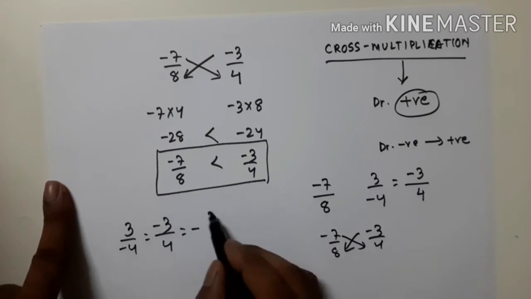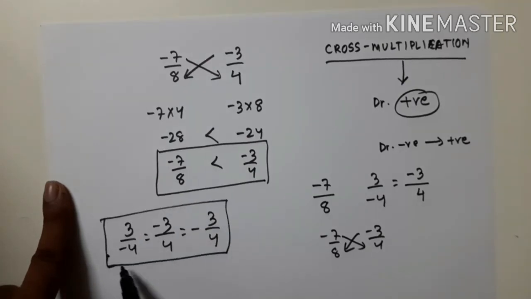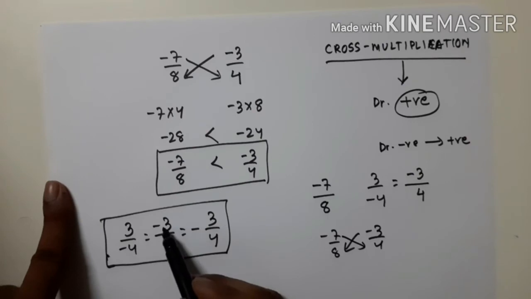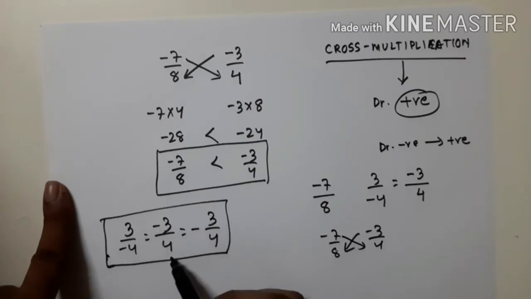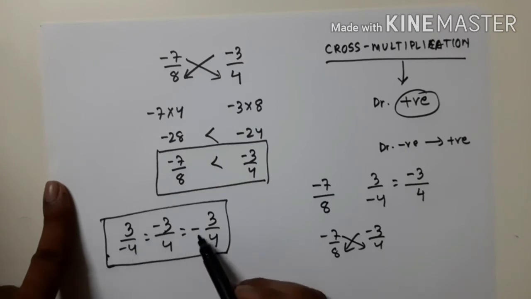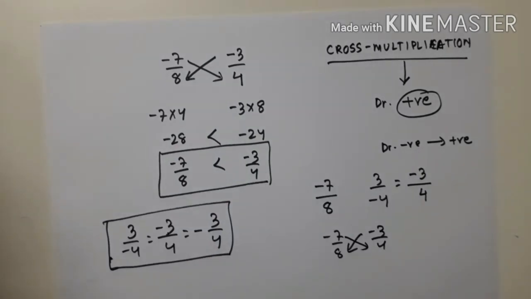So instead of 3 by minus 4, you can just shift this minus up and write minus 3 by 4. Whether it is plus by minus or minus by plus, the whole sign will be minus only. So here you have to keep note of the denominator. This is called the cross multiplication method.